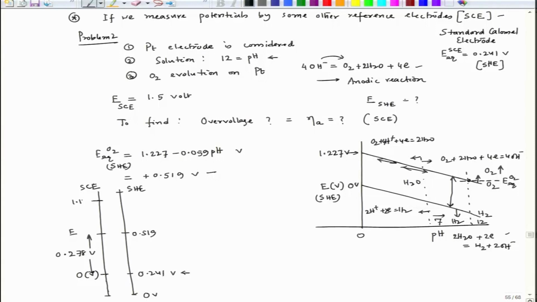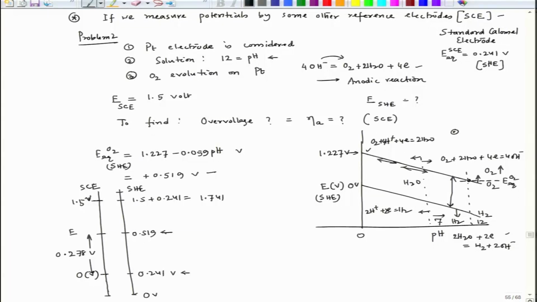So if this is 1.5 volt with reference to SCE, with reference to the standard hydrogen electrode this potential becomes 1.5 plus 0.241 equal to 1.741. That means this potential is way beyond the equilibrium potential, so of course oxygen evolution would take place.